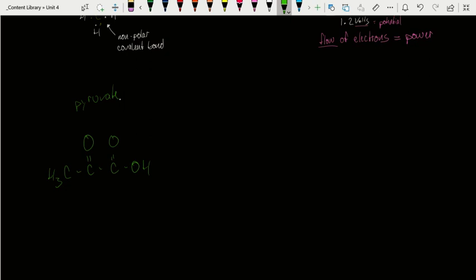Now, in order for pyruvate to enter the Krebs cycle, it's first got to be oxidized into acetyl-CoA. Remember, each one of these bonds that hold this molecule together represents a pair of electrons. And I want to follow the electrons.